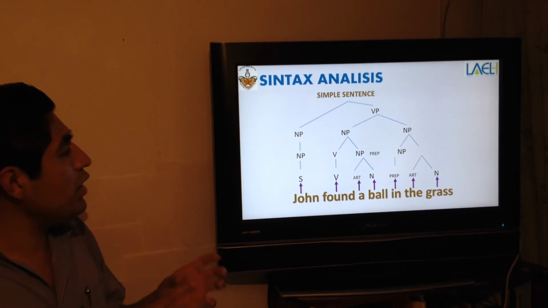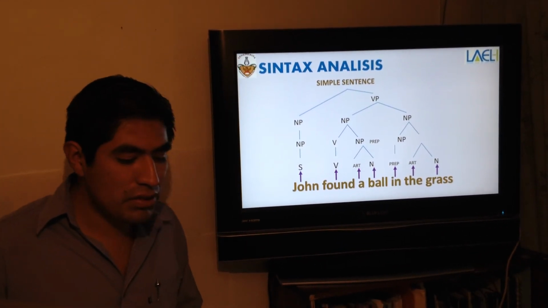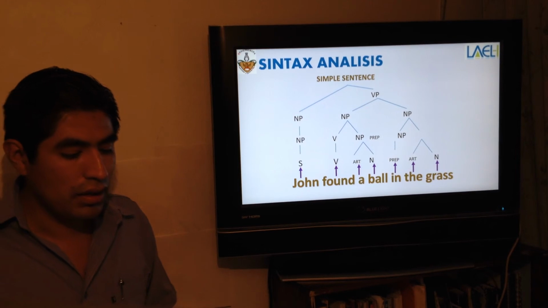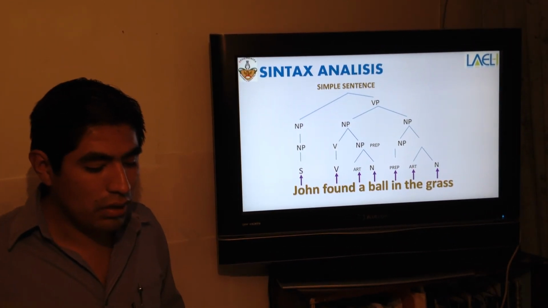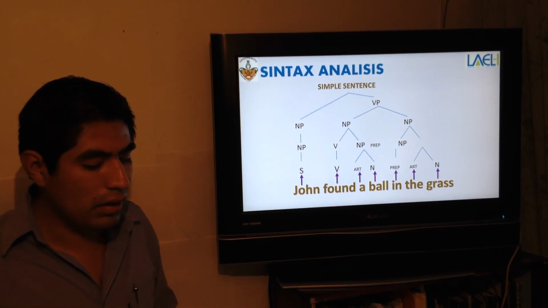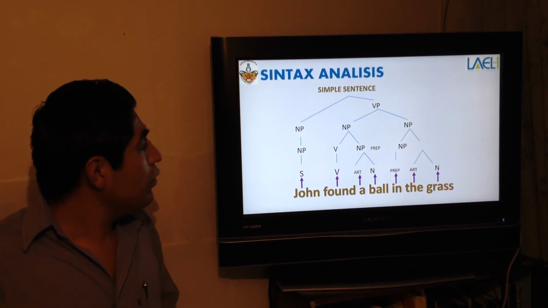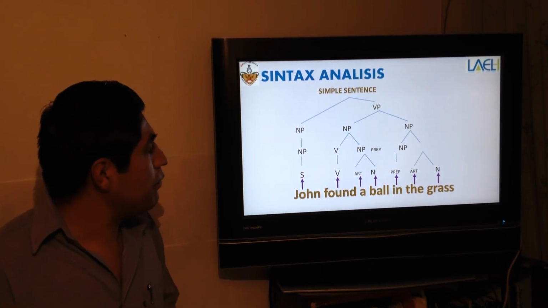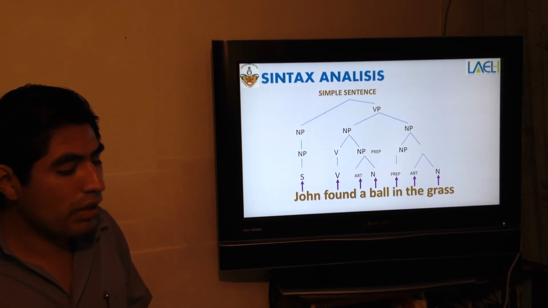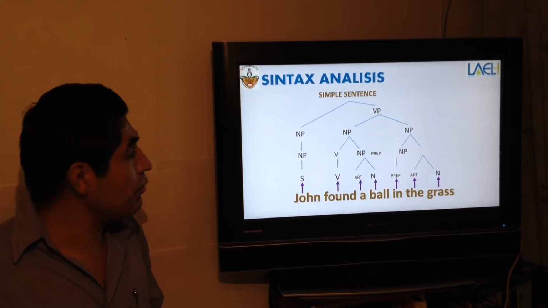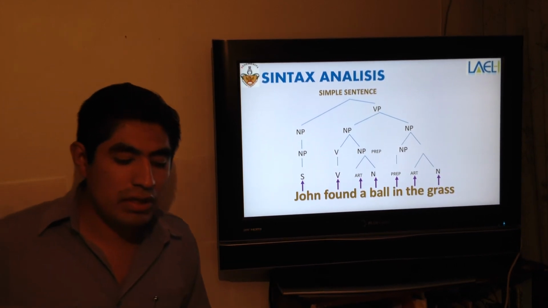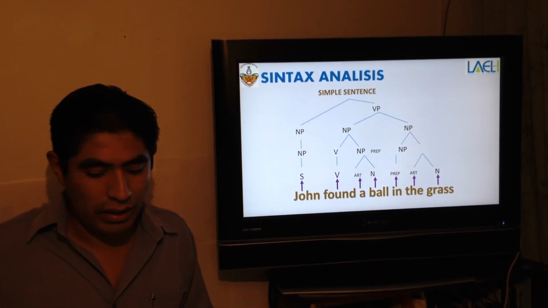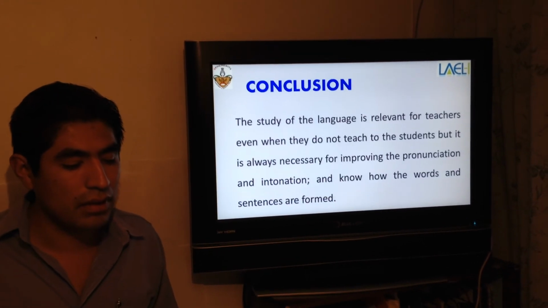If we mix these parts of speech, we can get a noun phrase, in this case, and also a predicate phrase. If we mix a noun phrase and a predicate phrase, we can get a simple sentence. This analysis is called syntax analysis.